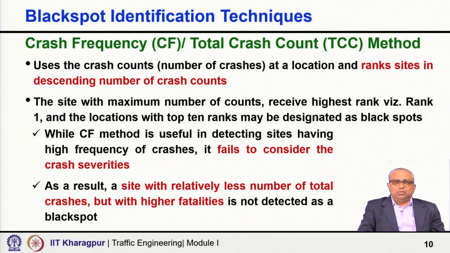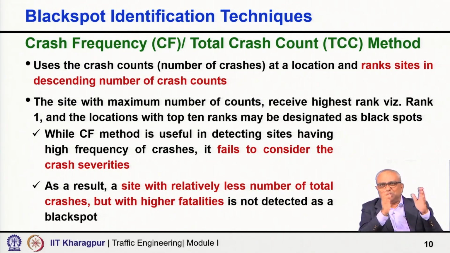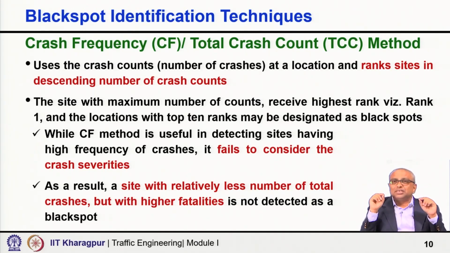What are we doing? We are using the crash counts, or number of crashes. You have divided the roads into multiple small homogeneous sections. For each section, we want to see, maybe over the last 3 years, how many total crashes occurred. Somewhere you will find 0, somewhere 2, 5, 7, 3, right.